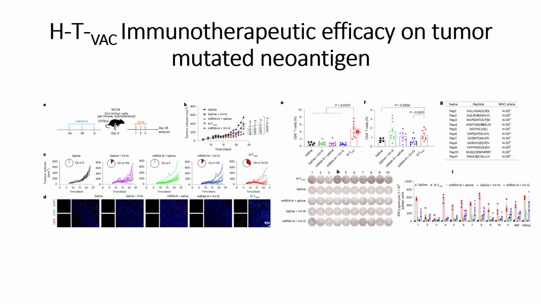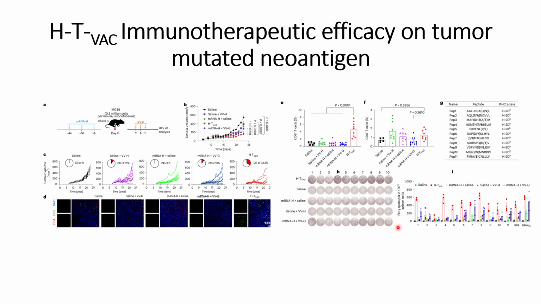Thereafter they checked it for the multiple tumor mutated neoantigens, and those peptide sequences are shown in panel G. Out of these multiple mutated neoantigens, they checked the efficacies, and they also checked whether they are able to induce endogenous activation of the T cells or not. For that they checked splenocytes using ELISPOT.